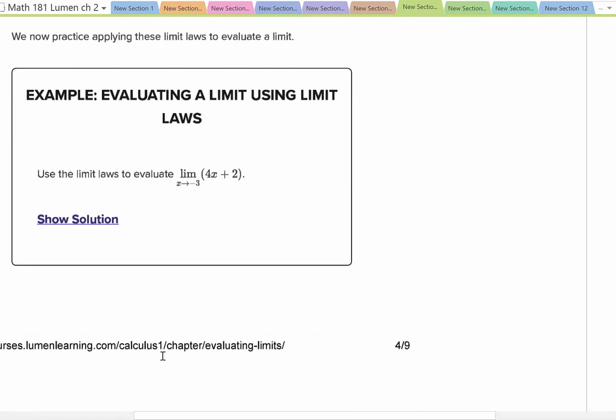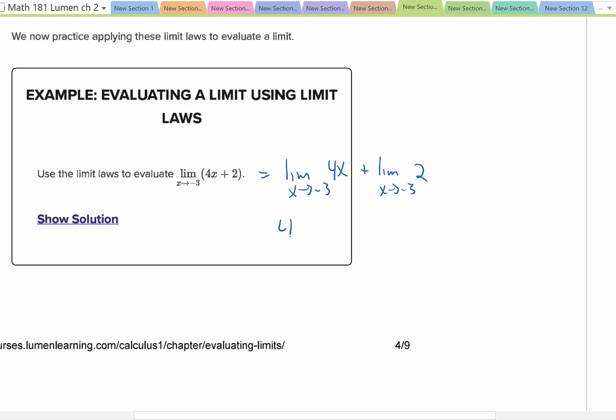Okay, let's apply some of these. Use the limit laws to evaluate. That's going to give us the limit as x approaches -3 of 4x plus the limit as x approaches -3 of 2.